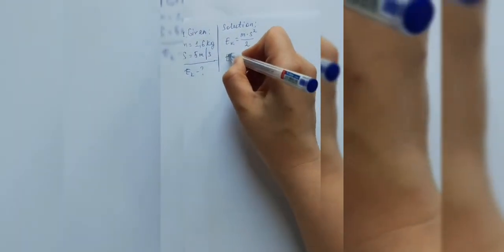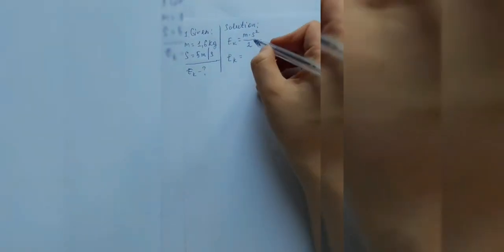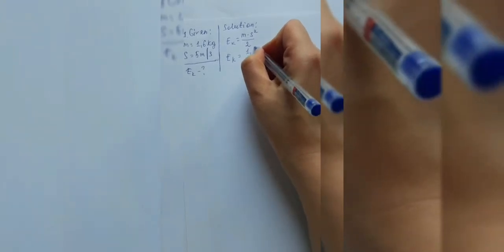Solution. Kinetic energy is equal to mass times speed squared divided 2. Kinetic energy is equal to 1.6 kilogram times speed squared, 5 meter divided second times 5 meter divided second divided 2.